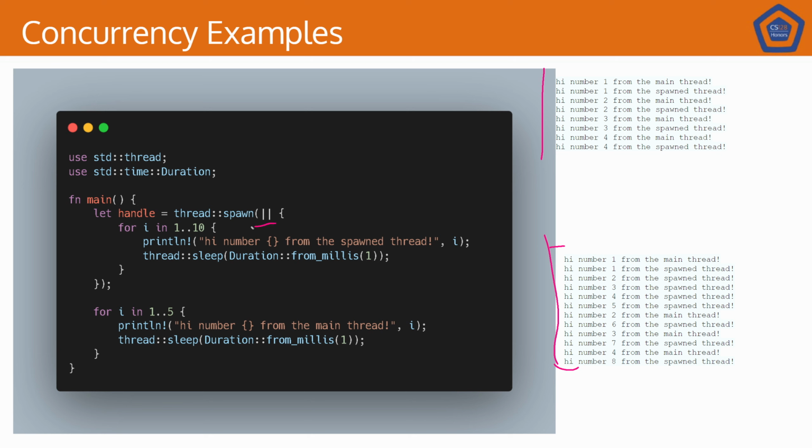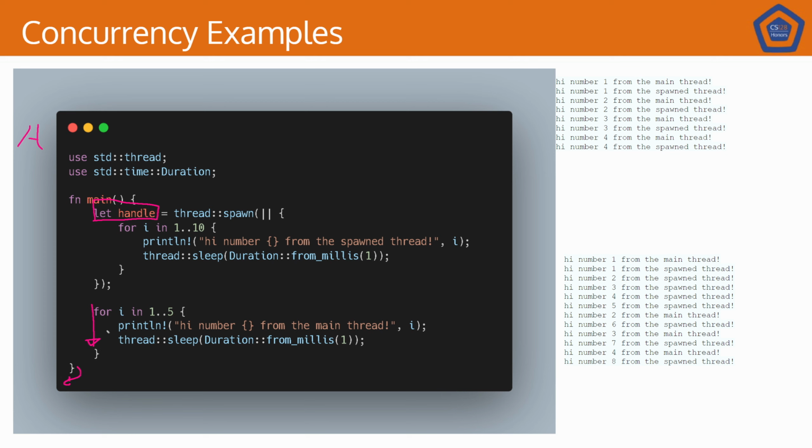Now, there are a lot of interesting questions raised. Notably, why doesn't this get to 10? This time it gets to 8, which is pretty close, but then it stops. This is because, very simply, when we spawn this thread, this handle variable takes control over it. This is from the perspective of thread A, which is executing the main function. We spawn this thread, we do this for loop, and then we leave this function.